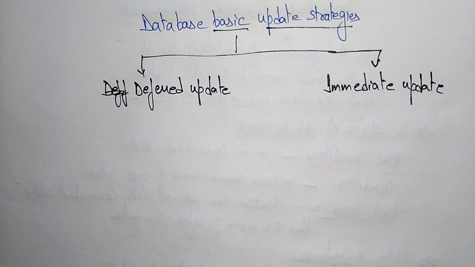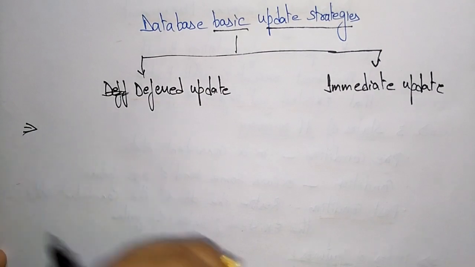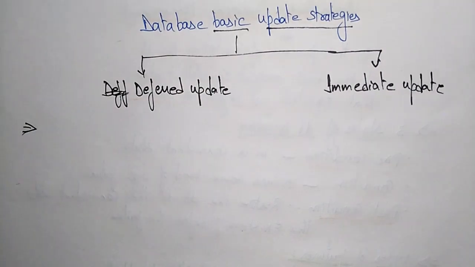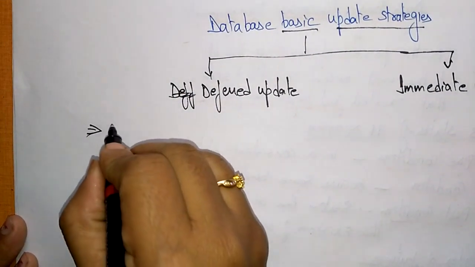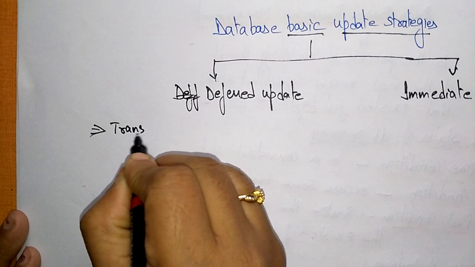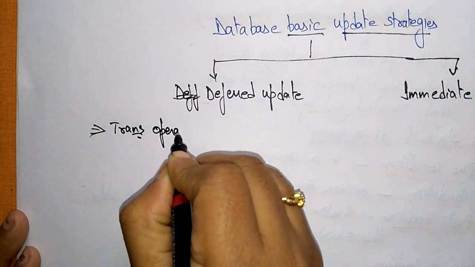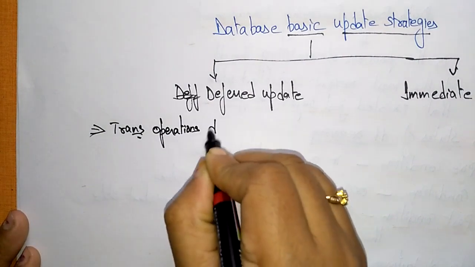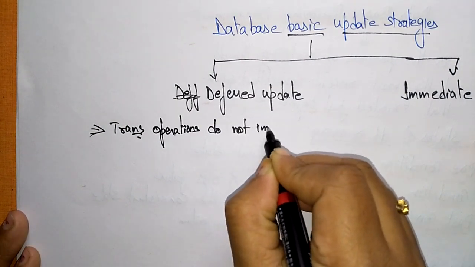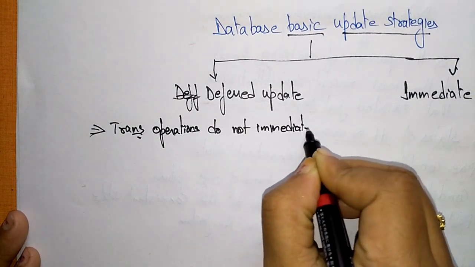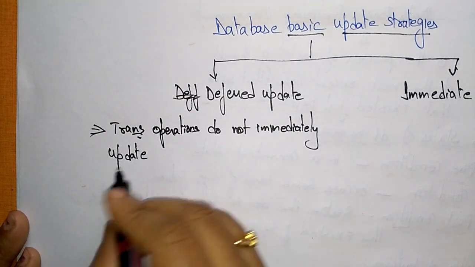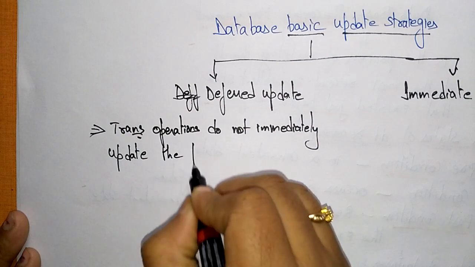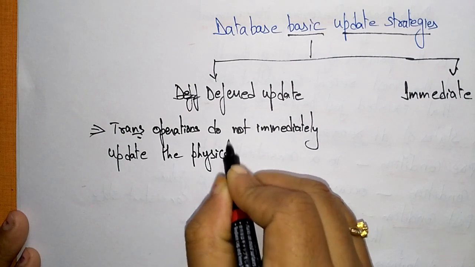So what are deferred update and immediate update? First let us see deferred update. Suppose your database is following the deferred update strategy. It means the transaction operations do not immediately update the physical database.